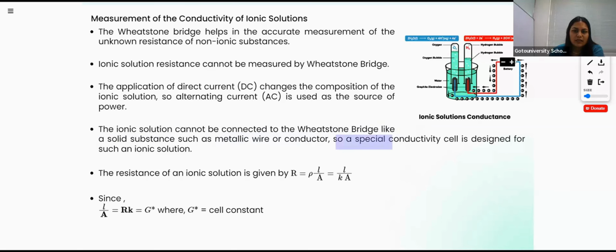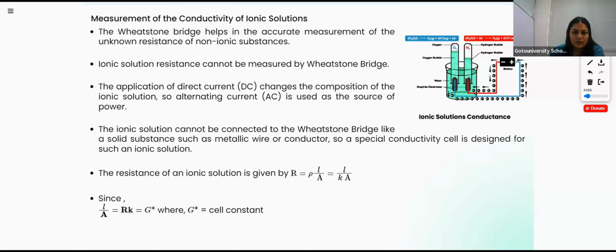So to solve that in the conductivity cell, we have designed an ionic solution setup where the resistance is taken as unity, using the formula for resistance, R = rho L by A. In that L by A, we kept them at the same value, or unity, where we find the G star, or cell constant.